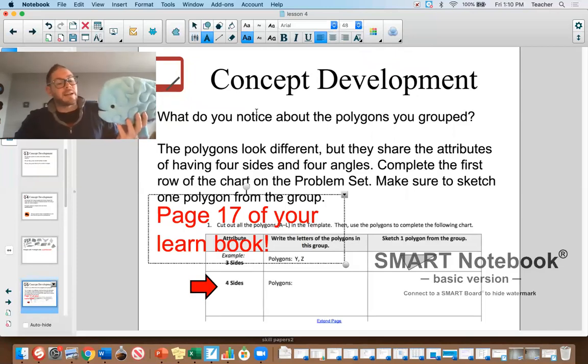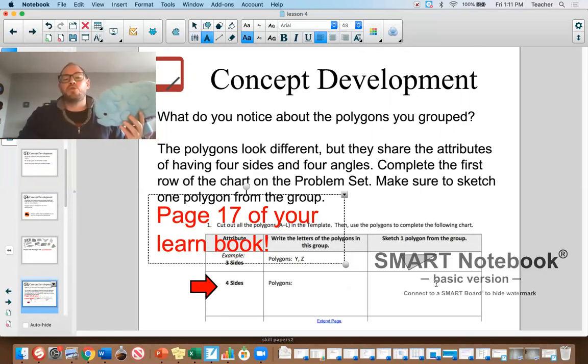Yep, exactly, Brain. So in your problem set, you can pause the video here and complete the first row of the chart on page 17 of your Learn book, where it says 4 sides. Label the letters of the polygons that all have 4 sides. That's all of them.